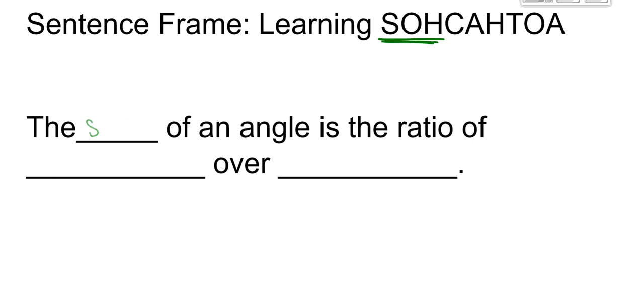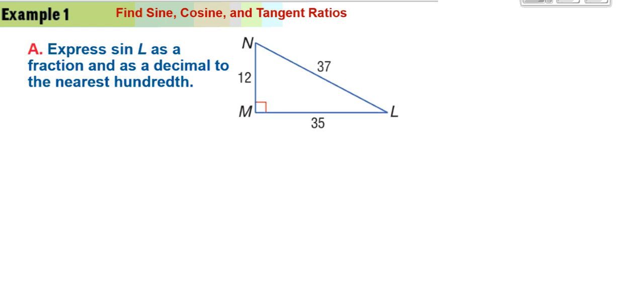And likewise, I'll just highlight this. I won't write the words. The cosine of an angle is the ratio of adjacent over hypotenuse. And we'll go through that. And then the last one is the tangent of an angle is the ratio of opposite over adjacent, excuse me, as we go.